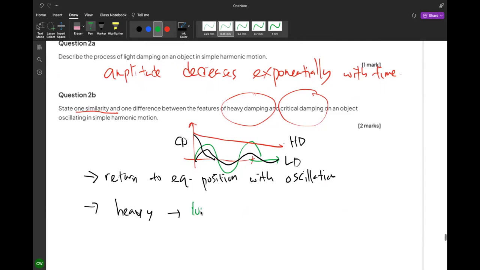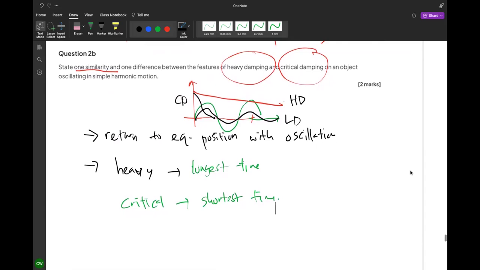This is the longest time. The other one is the shortest time. So it's one long, one short.